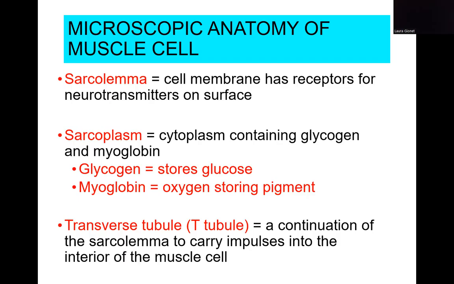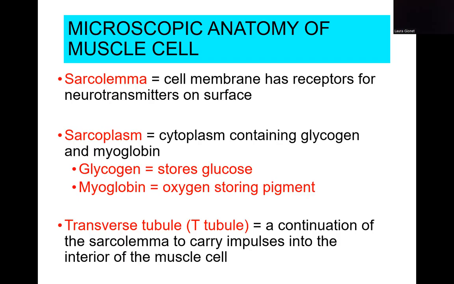Well, to do that, we need a substrate called glucose, or maybe even fats, and we need oxygen available. So we actually can store excess glycogen and myoglobin, oxygen, in skeletal muscle cells, so that we have immediate storage and resources available for contraction.